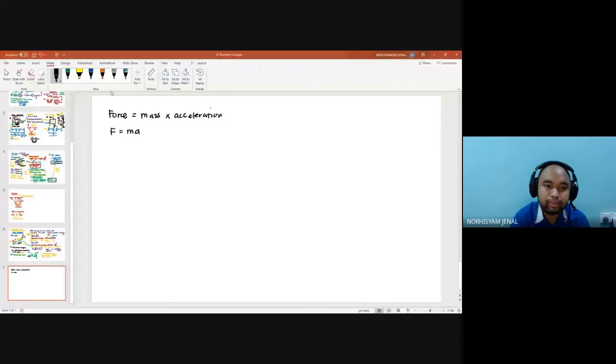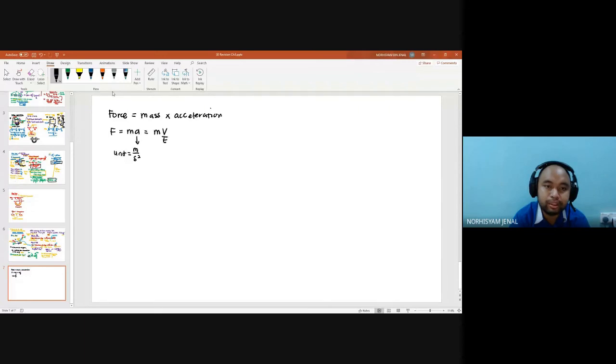I told you at the beginning of the class that MA means you are multiplying mass with velocity divided by time, correct? Because the unit of A here is meter per second squared, it is equivalent to V over T, which is meter per second divided by second.